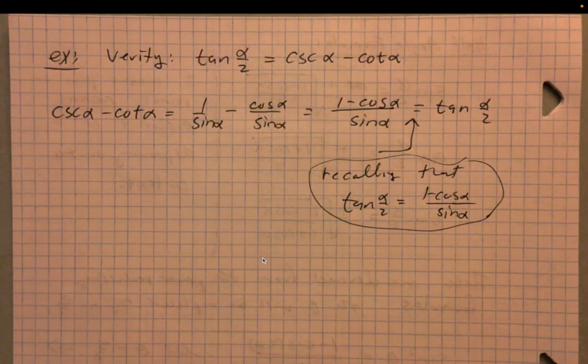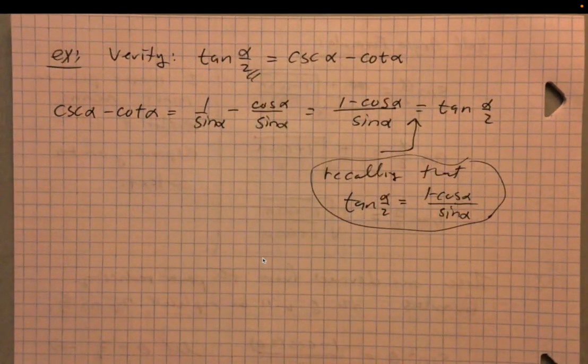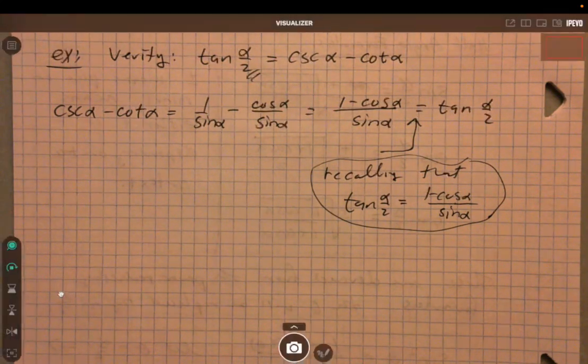Okay. And that's another. So all of these have applications for verifying trig identities. Now, there are more complicated identities that will use these in less obvious ways. It's kind of obvious when they have a half angle in the identity statement that you're going to be using the half angle formulas.